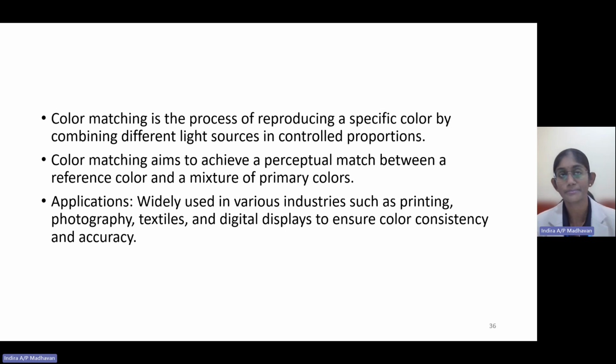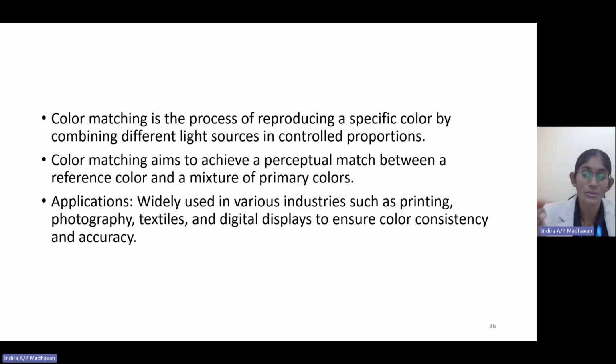What they did is they took all the colors. For example, they put a 400 nanometer color at the top. Many subjects were involved in this experiment, and they were provided with three light colors. There was a bottom one, where the color produced by mixing these three lights would be shown.